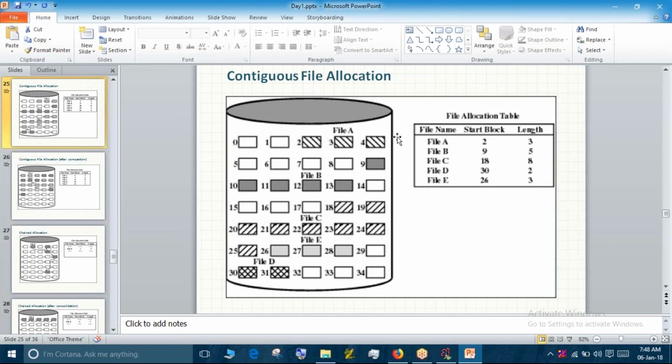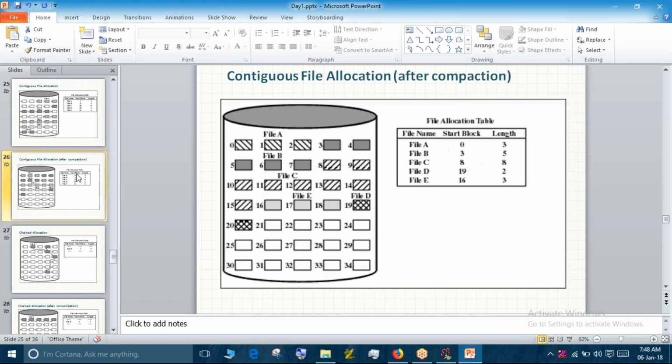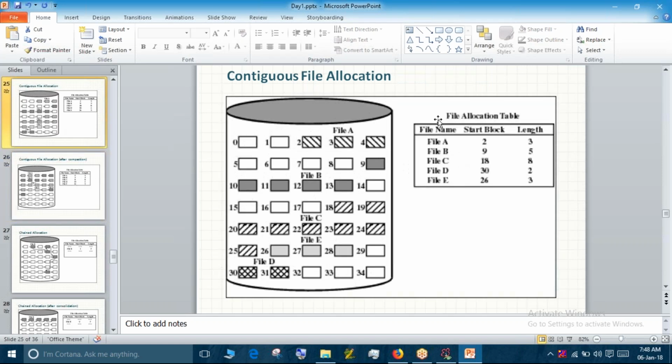Then what is required to be done on the file allocation table, the FAT model? We should apply compaction. So initially when they developed this one only, then they realized, oh, what are the problems with this one? Then they added the technique called compaction.